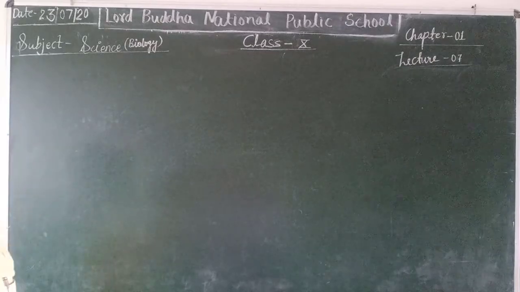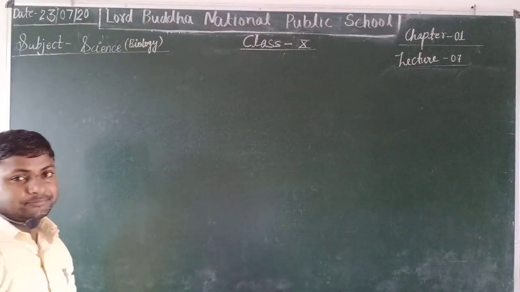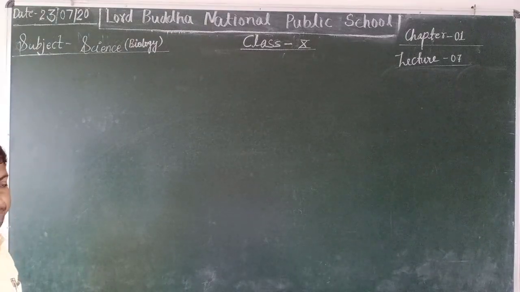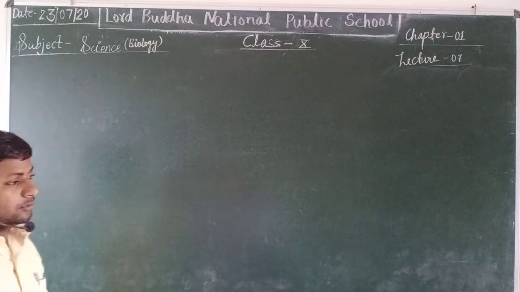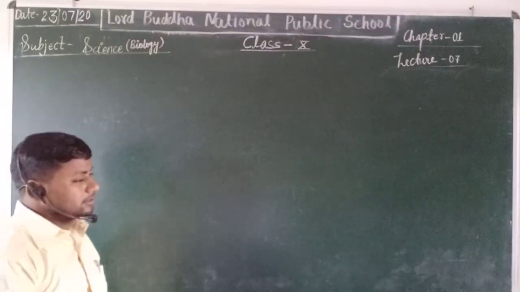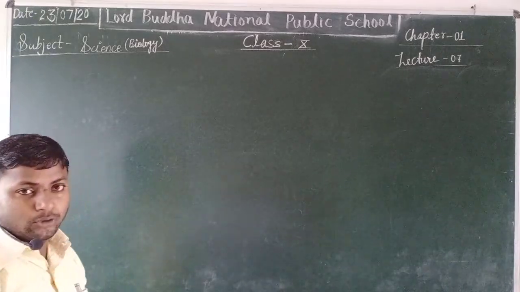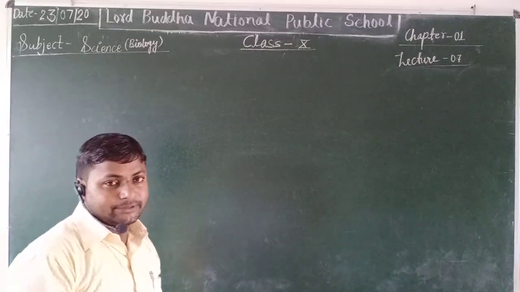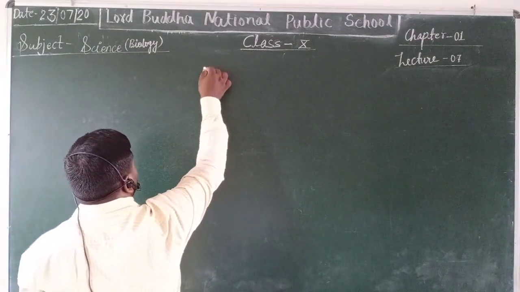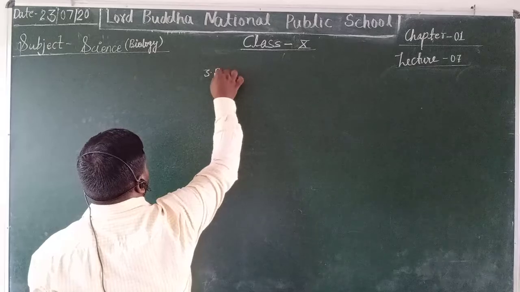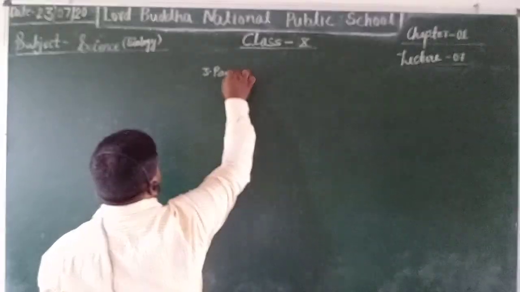In the previous lecture, we discussed the associated glands of the digestive system. Now we will discuss one of the most important associated glands of the digestive system, which was left in the previous lecture: the pancreas.